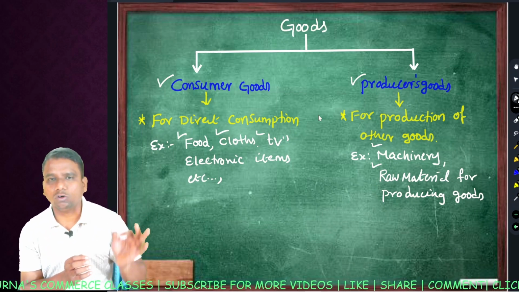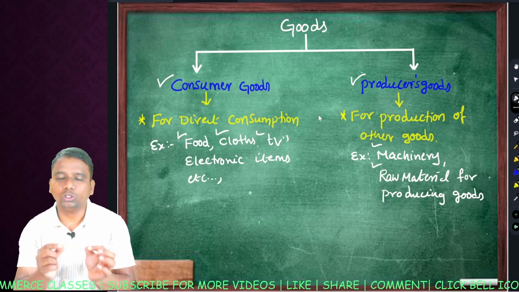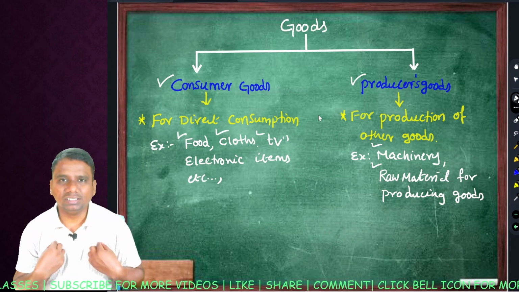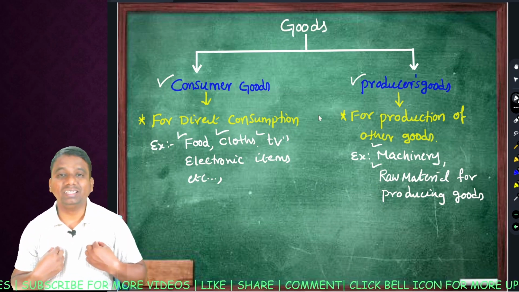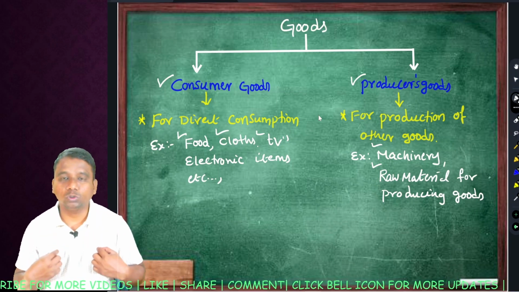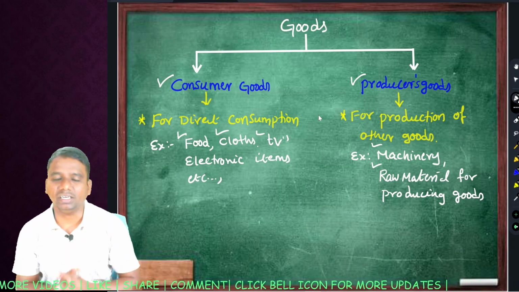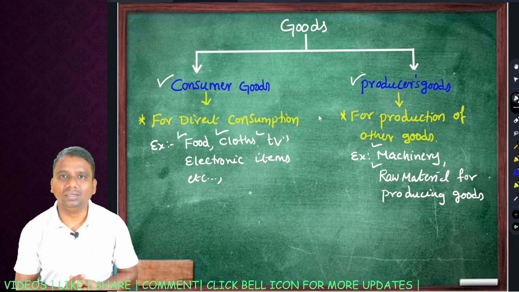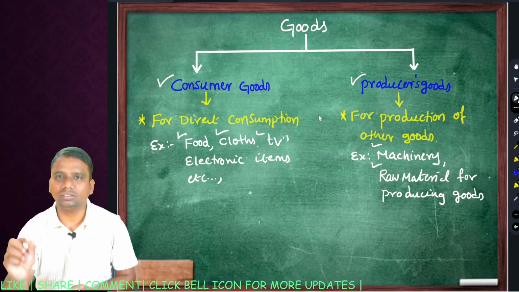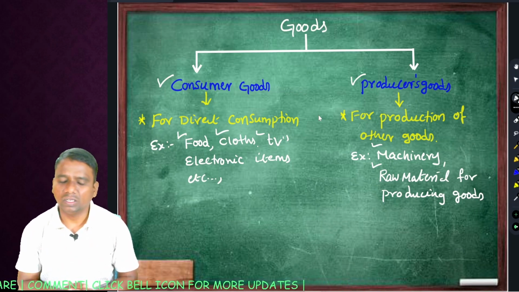For manufacturing a mobile, whatever inputs we use are called producer goods. One more example: a shirt is a consumer good, because we can use it directly. But to produce it, the cloth manufacturer used raw material, unstitched cloth. That unstitched cloth is called a producer good. I hope you understood this concept of consumer goods and producer goods.